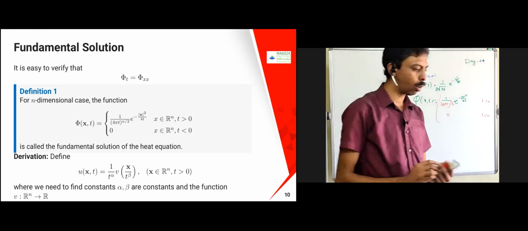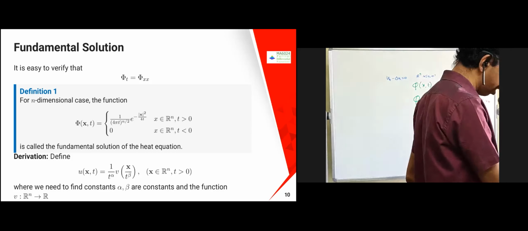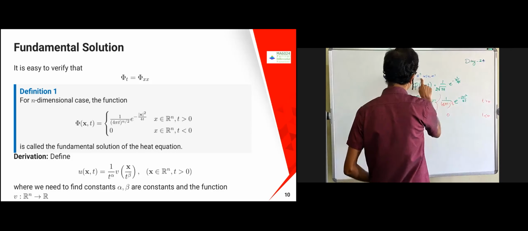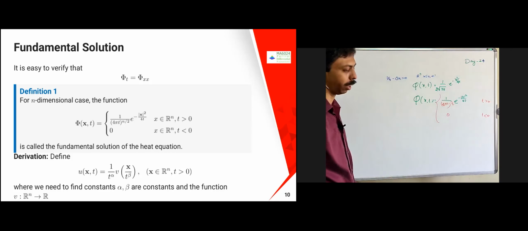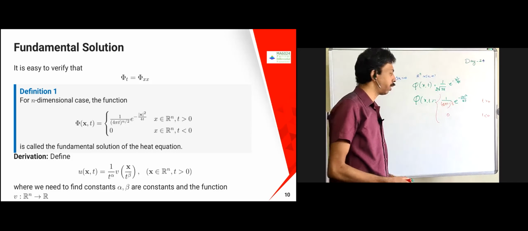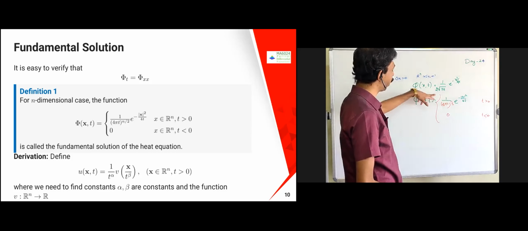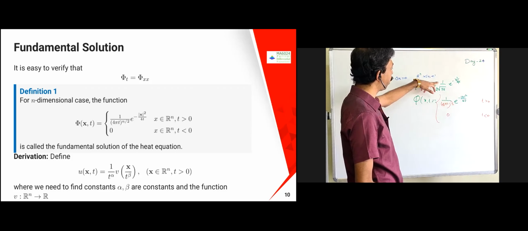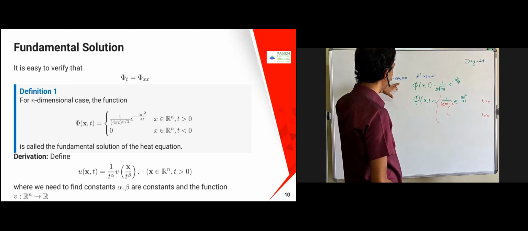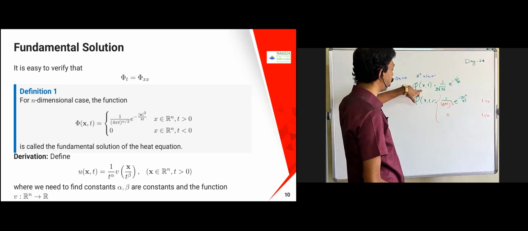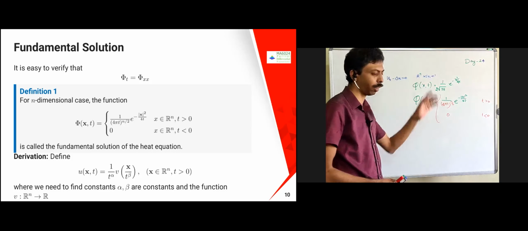This is called the fundamental solution of the heat equation in R power n cross (0, infinity). It is easy to verify: if you just take the derivative of this one, you can claim that phi t is equal to the Laplacian of phi.